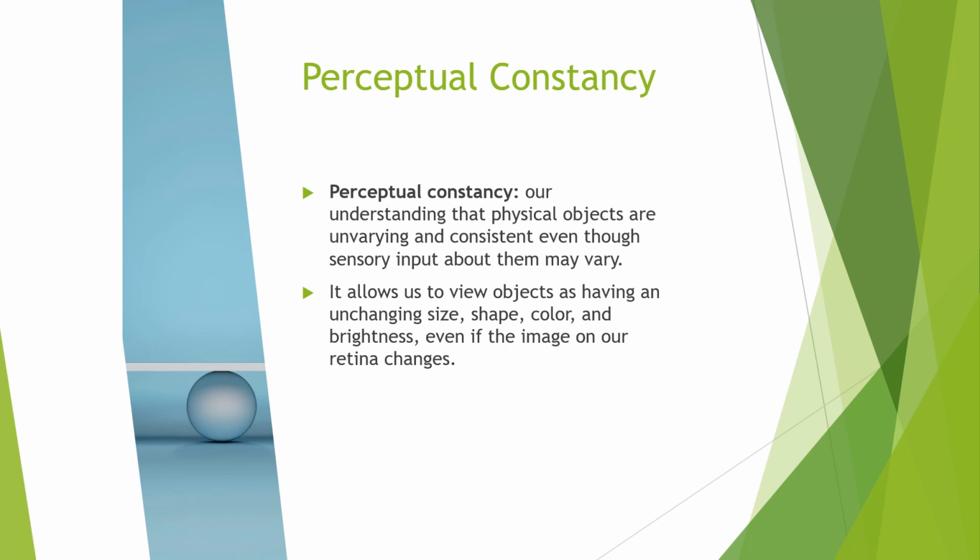We talked about relative size, right? That if the object on our retina is smaller, then we see it as farther away. With perceptual constancy, even though the image may be different on our retina, we do not see it as different. It remains constant to us.